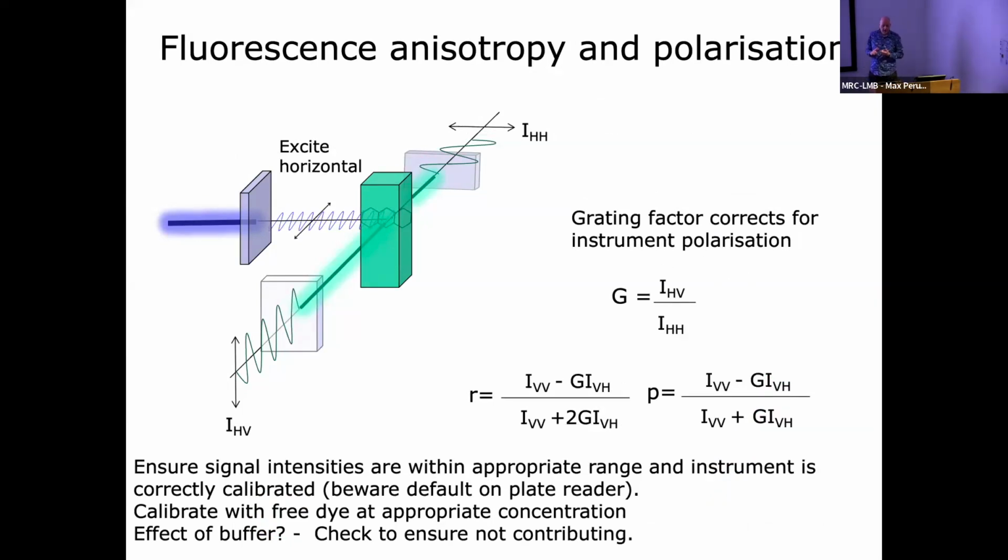It's really important also that you calibrate at the expected value that you're getting. The default in the plate reader is just used for small molecules, so it has 35 milli polarization units, but your protein may be 120. So you must make sure you put in the right value to do the calibration.